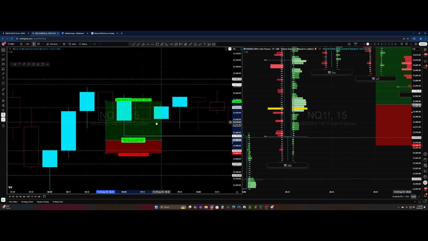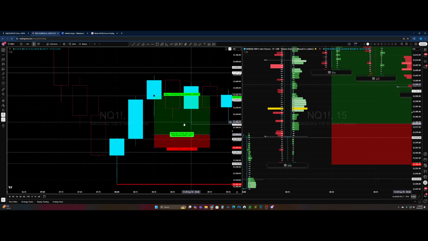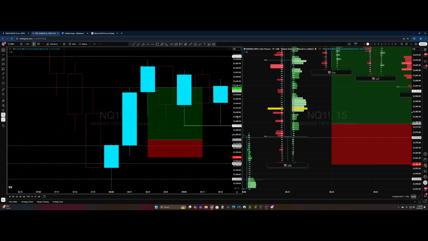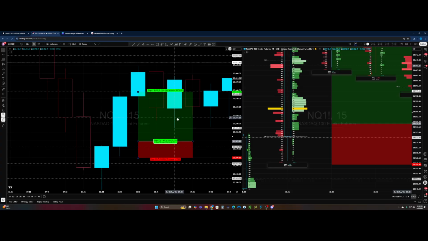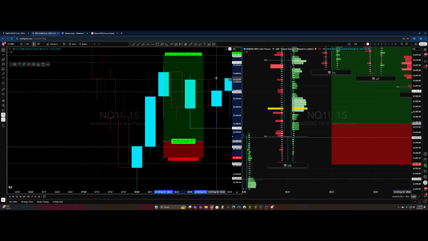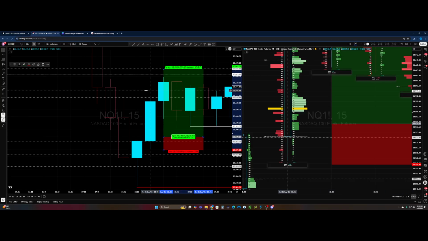Now, oh shoot, I didn't mean to do that. I'm going to make this bigger just so you can see the numbers here. This is about a 3R trade, risking 1R, going to make 3R, right? And that is my first level, right? Next level would be my next level up, and this is a 5R trade.